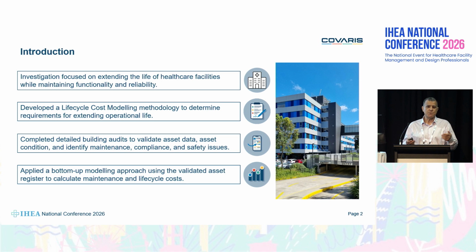If there are any issues, for example, addressing non-compliance in this particular place or asset, then what needs to be done. With a bottom-up model, that gives us the cost over the life cycle that we want to look at the facility.